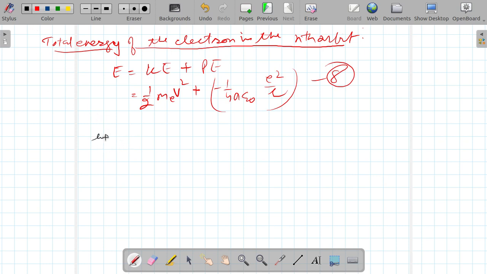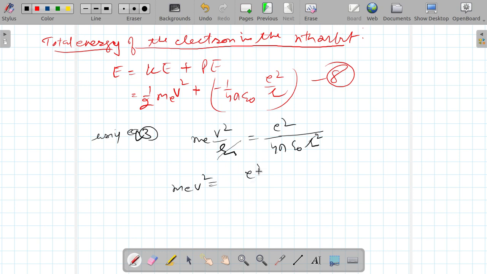So using equation 3, that m_e v square by r is equal to e square over 4 pi epsilon naught r square. As we know, this r will cancel out with it. So m_e v square is equal to e square over 4 pi epsilon naught r.